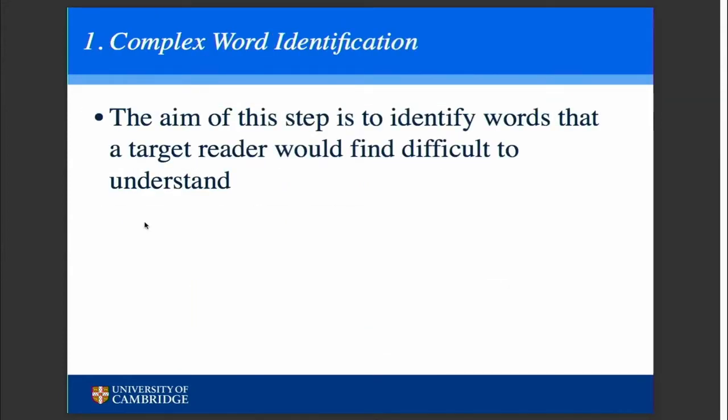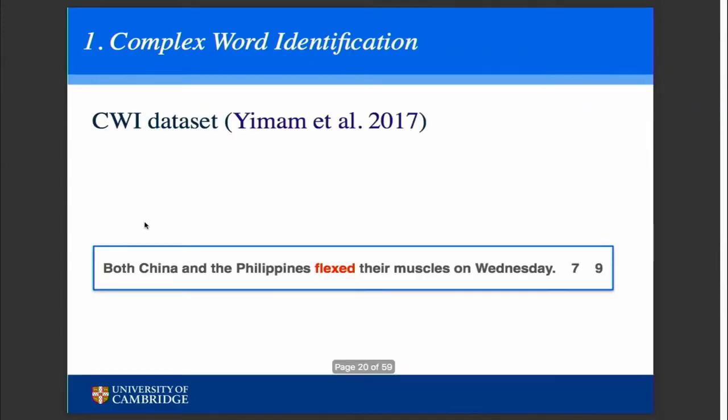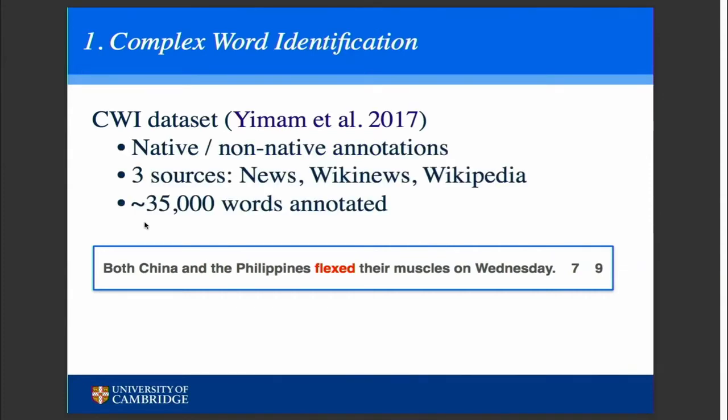So as I mentioned, this first step of complex word identification, we want to identify the words that a reader may find difficult to understand. And the way in which we do this is we start with a data set which has been collected specifically for complex word identification, collected by Yimam. And this data set contains annotations by 10 native and 10 non-native speakers of English.